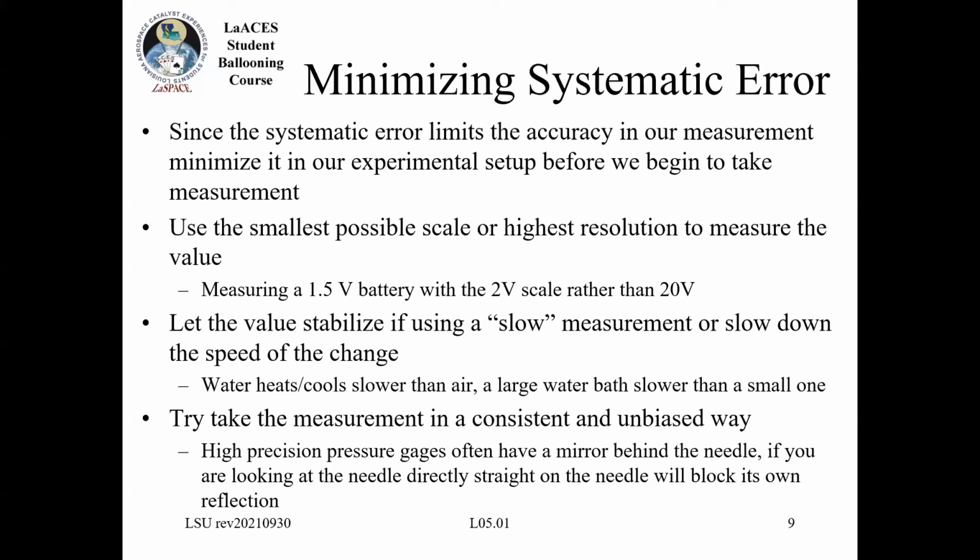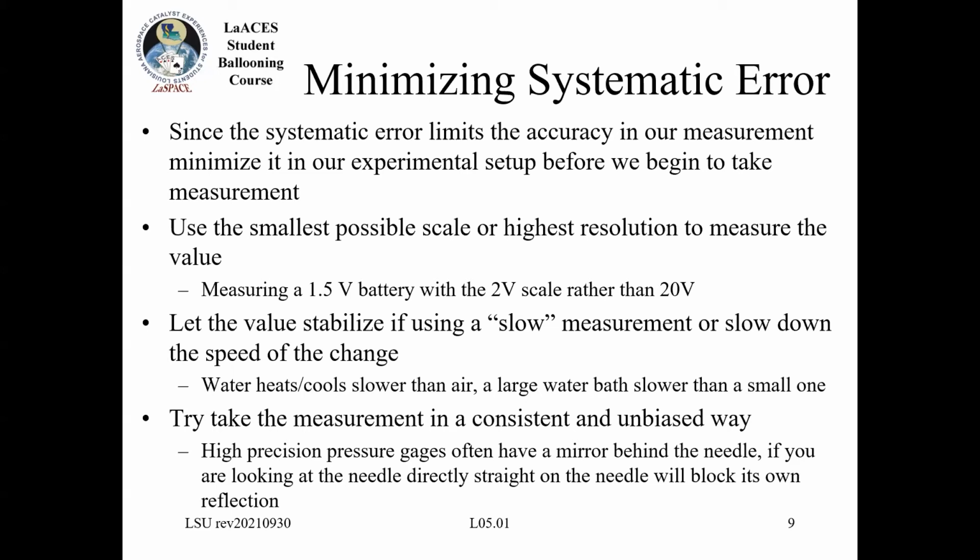So you want to use the most accurate test equipment that you have access to that's reasonable to use on the measurement. Because the error on most digital equipment generally scales with the scale, you want to use the smallest scale or the highest resolution that is appropriate for the value, right?